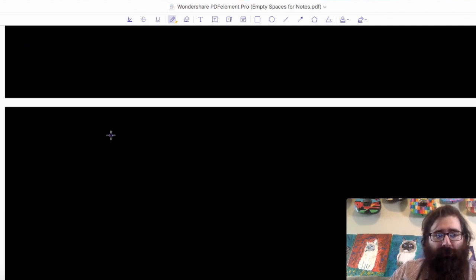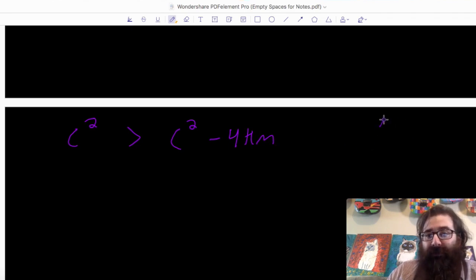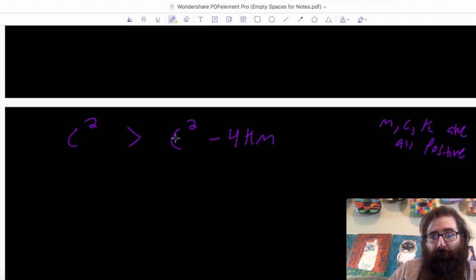I want to point out that c squared is larger than c squared minus 4 times k times m. We said at the very beginning that m, c, and k are all positive. So here I'm really comparing c squared with c squared minus something that's positive.